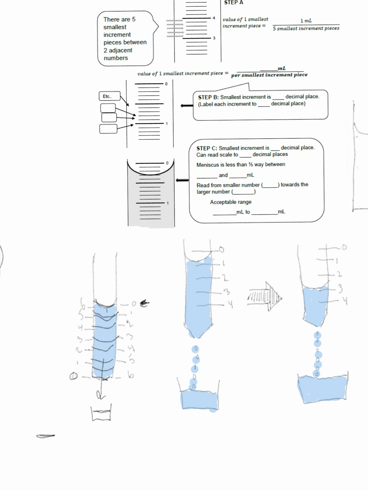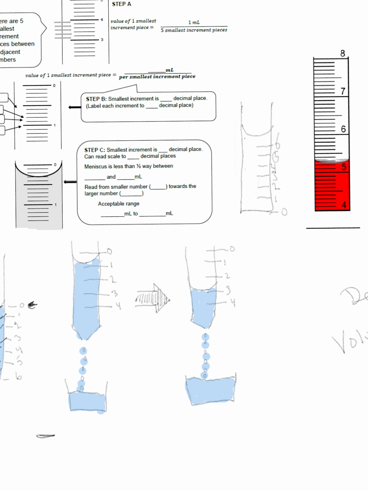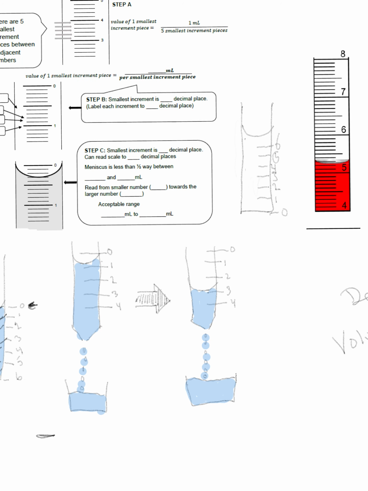I've illustrated that a little more here. Let's say this is a burette. I'm showing the liquid leaving the burette, and as the volume of liquid in here goes up, the volume of liquid in here is going to go down.